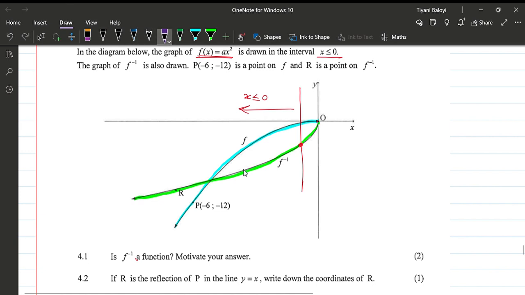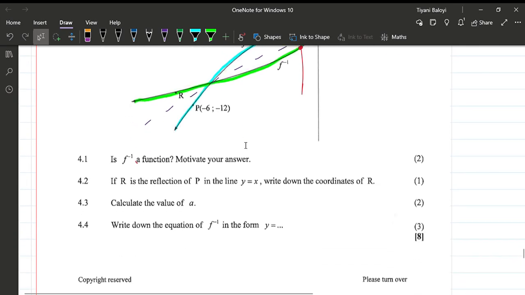When we say that a function is an inverse of another function, what we mean is that the original function, in this case f of x, was reflected about the line y is equal to x to get the inverse. So this is actually also a mirror. It mirrors this, so it's also an axis of symmetry, right?